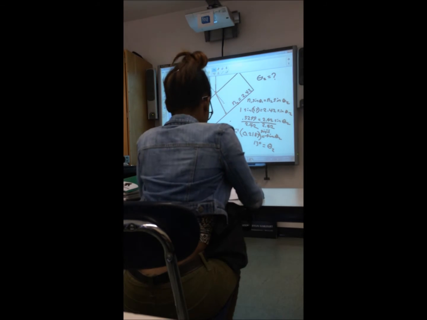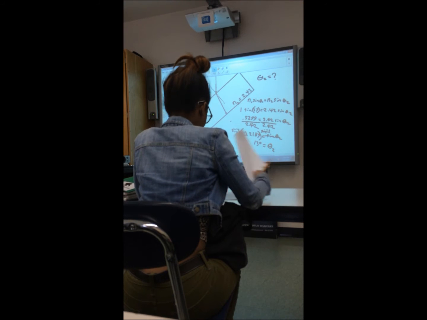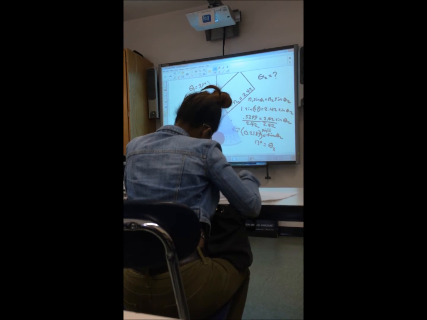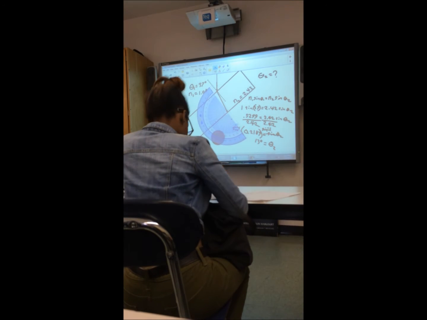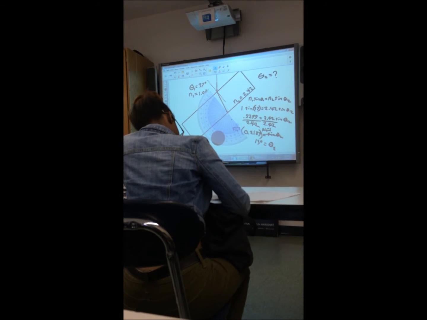So first thing we got to do is make a normal line. So when you're at the second point of contact, you put your protractor back at the point of contact, line it up so that the 90 is back on the diamond surface, like that.